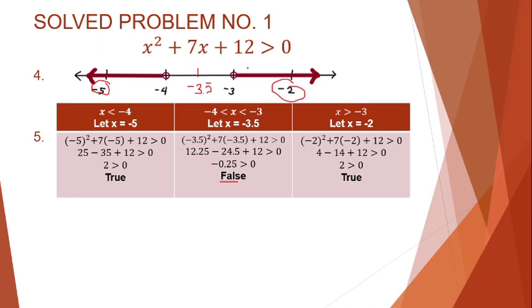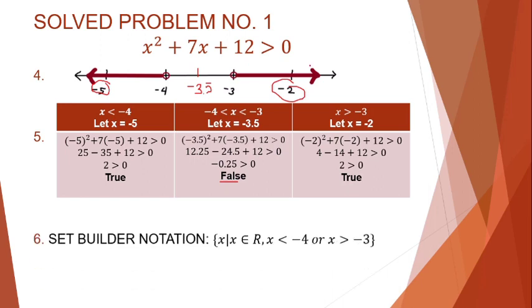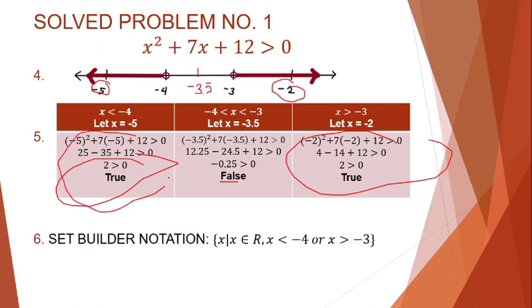Kaya ngayon, ito yung graph. Okay, by indicating the set builder notation, so alin ba ang nag-true? Itong dalawa lang na to. Ayan. Yung dalawang ito lang nag-true. So, ang set builder notation, x is an element of real numbers.